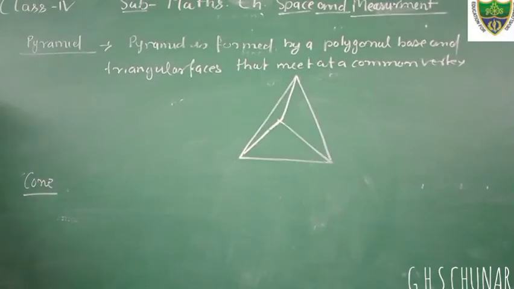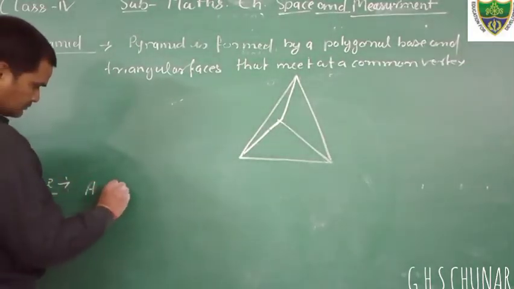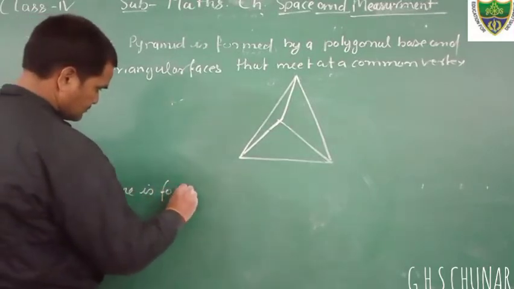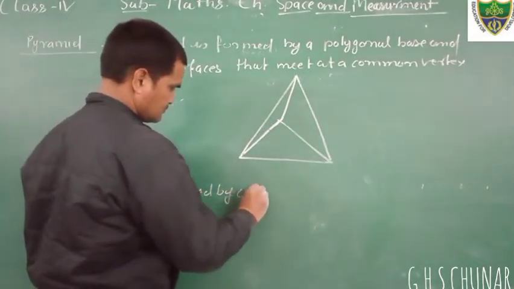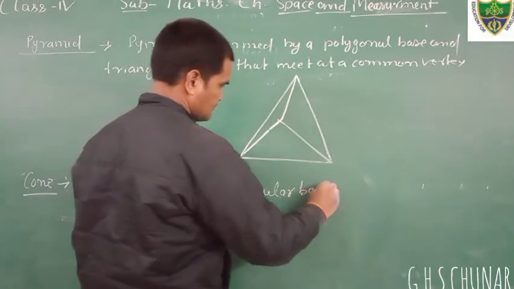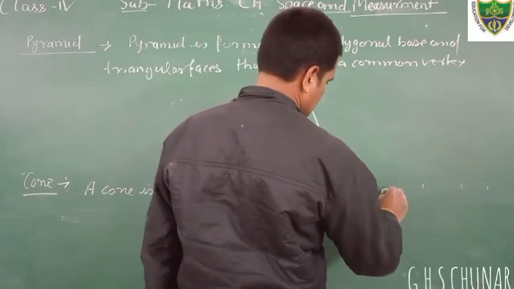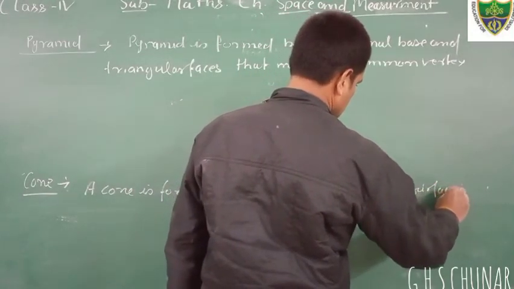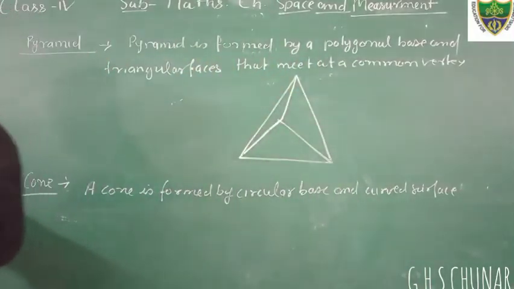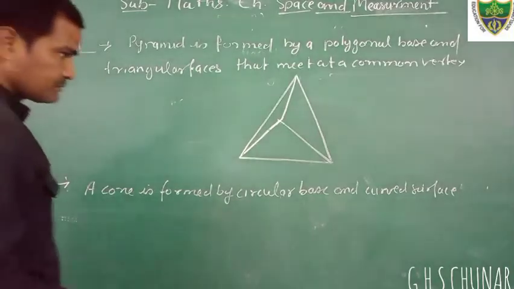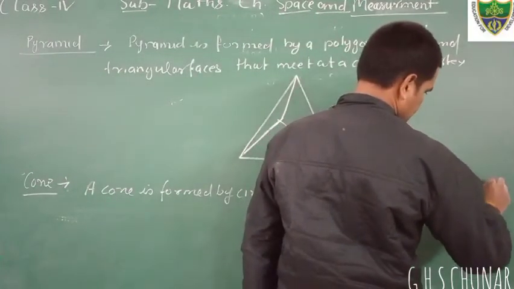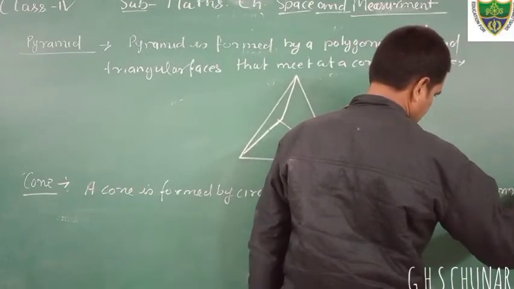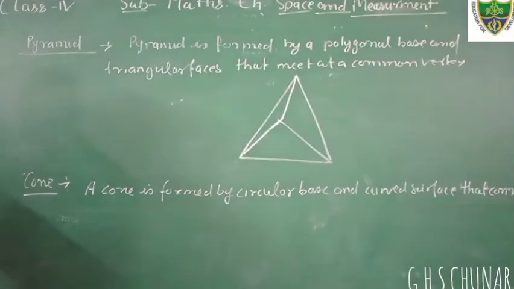A cone is formed by a circular base and a curved surface that connects the base to a vertex.